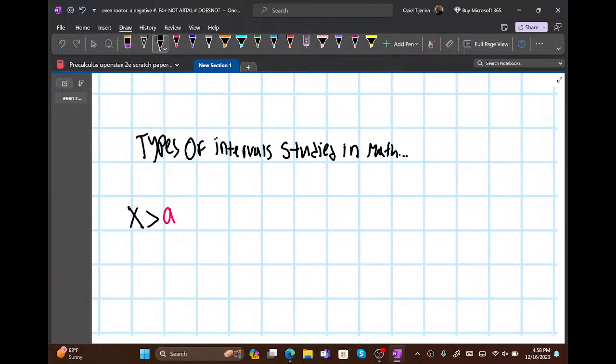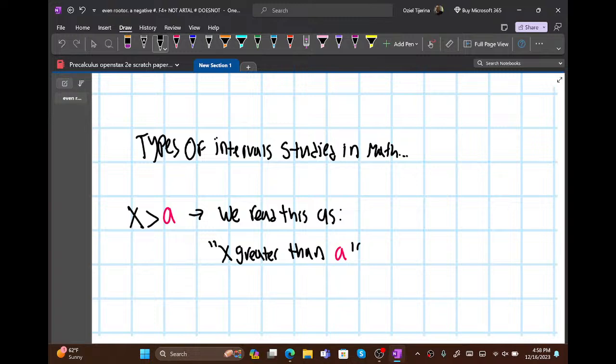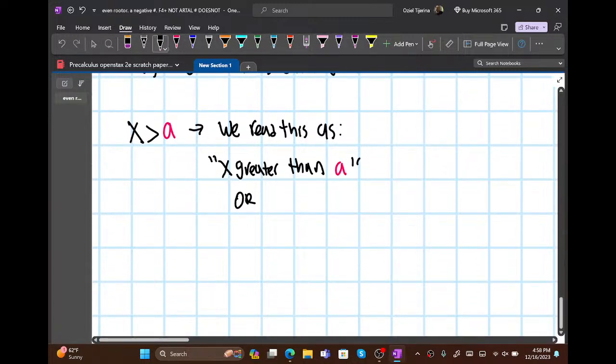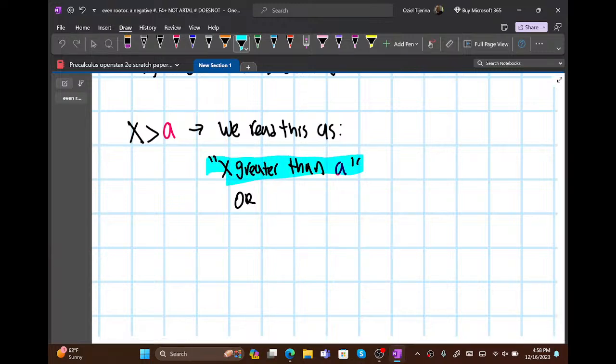The way we read this is x is greater than a. Or we also say x is greater than a.